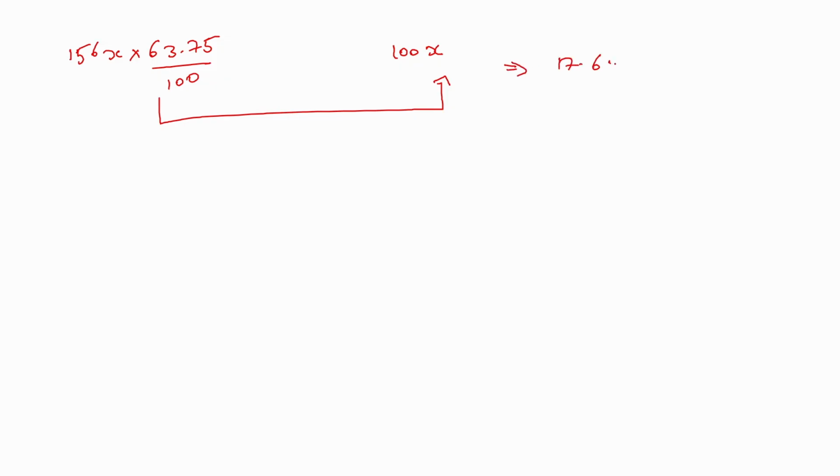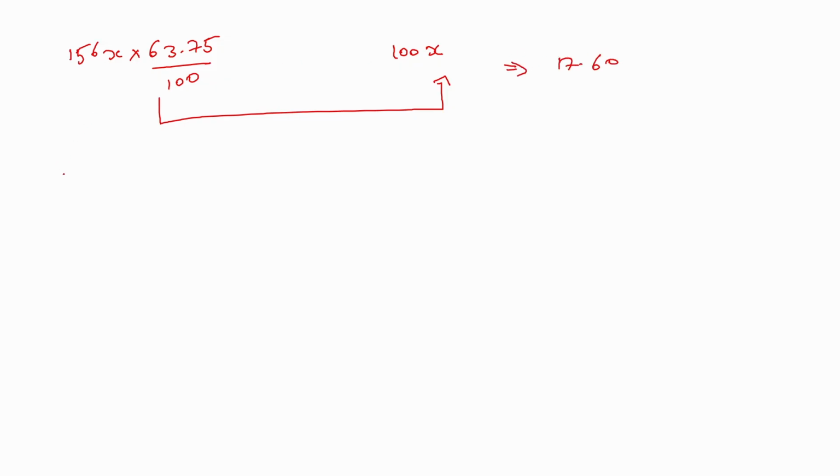So the final value is 156x into 63.75 by 100, and the initial value is 100x. And the difference between these two terms is 17.60.